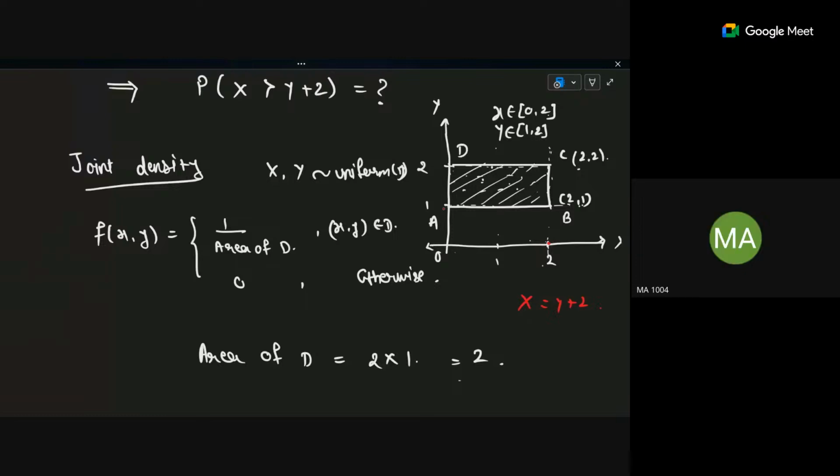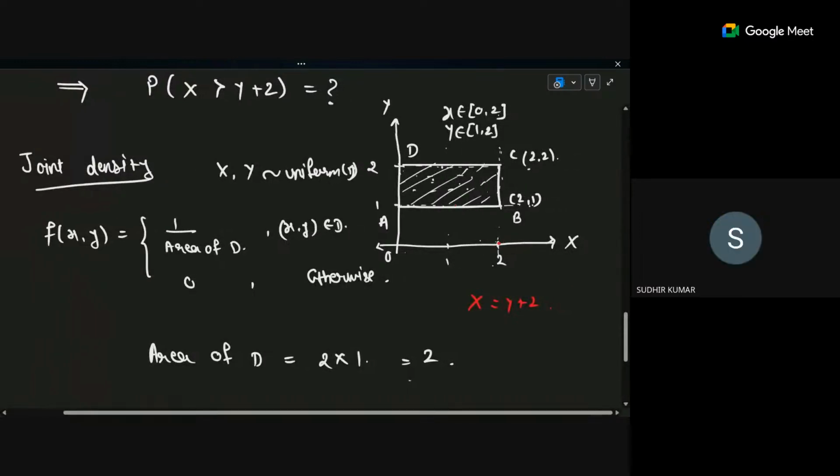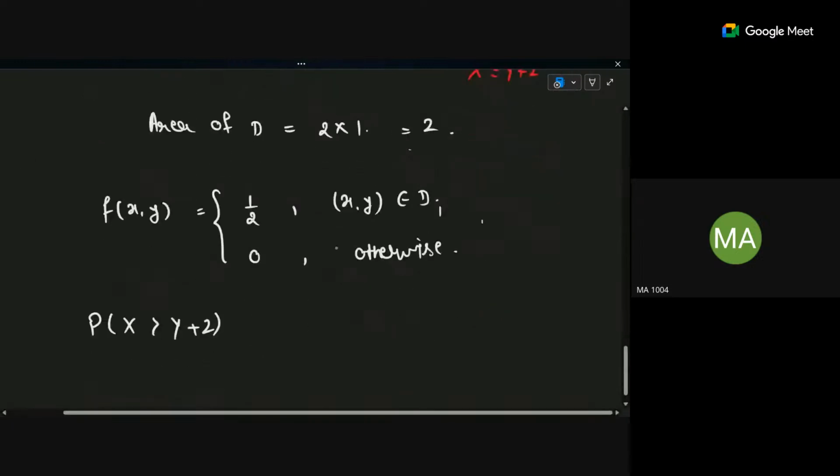Why is it 0? Because there is no intersection between the required region and the original support. These things can also happen, that we have some region which is not intersecting with our region. So x greater than y plus 2 is this area, which is not intersecting with our required region. So the probability that x is greater than y plus 2 is 0, right? Is it fine? Yes, ma'am.